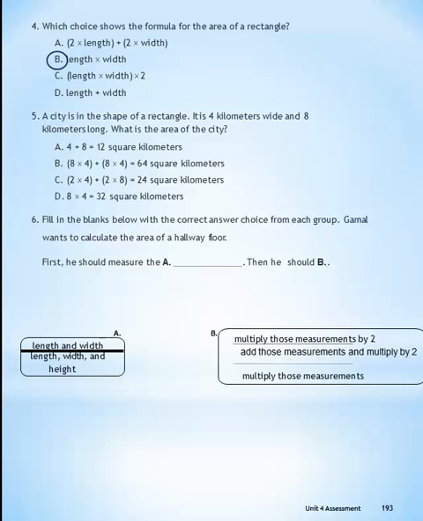We are going to multiply length times width, which is 8 times 4, or 4 times 8. 8 times 4 equals 32 square kilometers. We know that the units of area are square meter, square centimeter, square kilometer.